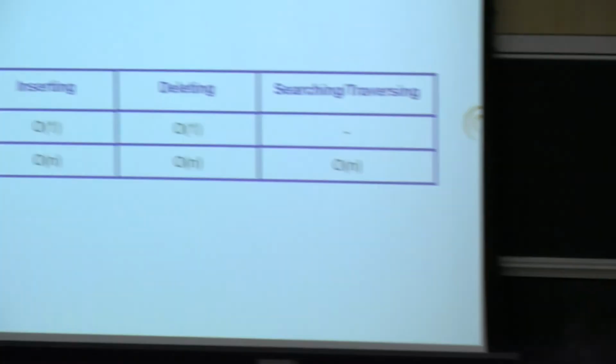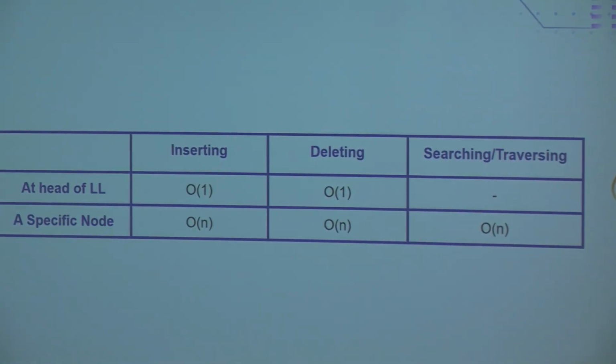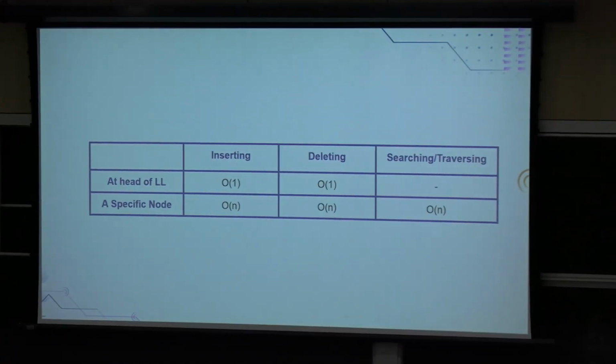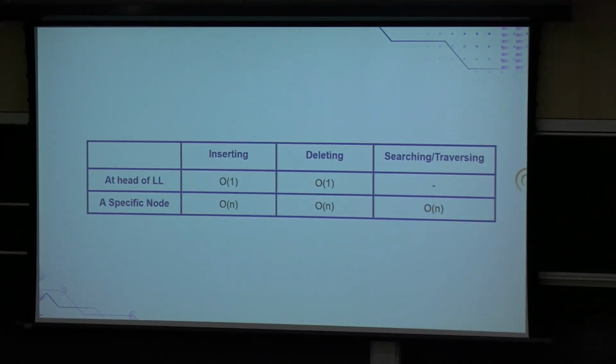So with linked lists, when we do time operations, inserting and deleting at the head of the linked list is O(1), since it's just one singular operation. At a specific node, it will be O(n), and the reason is because we have to assume the worst case.